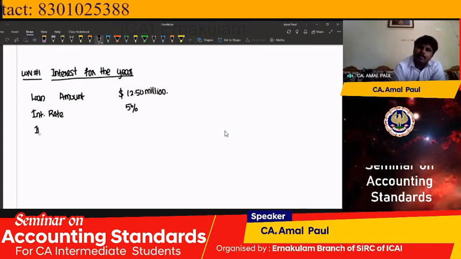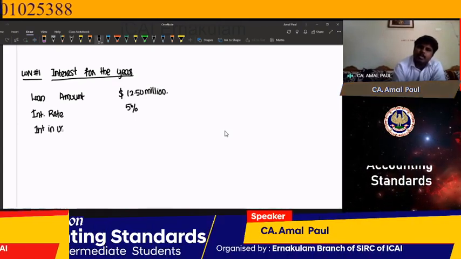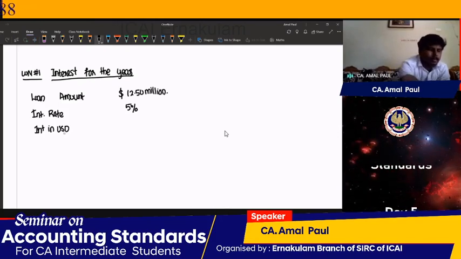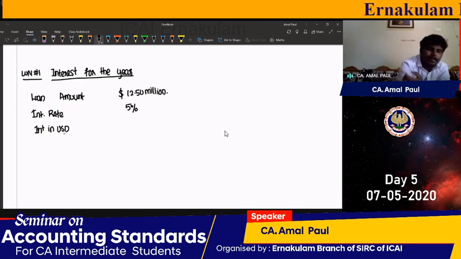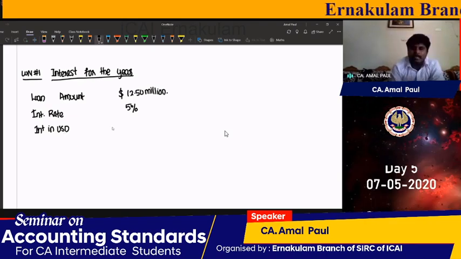Therefore, interest in US dollar will be 12.5 million into 5%, that is US dollar 0.625 million. This is your interest in USD.